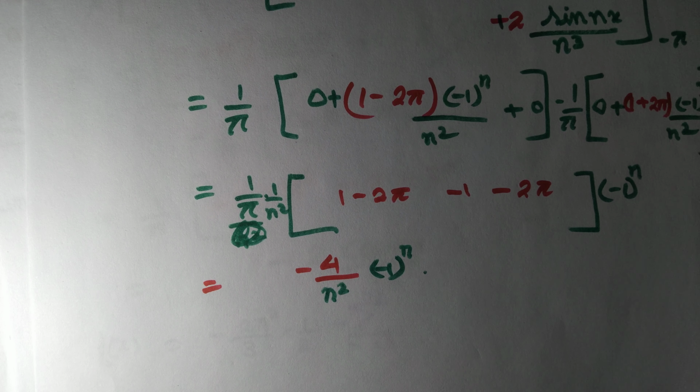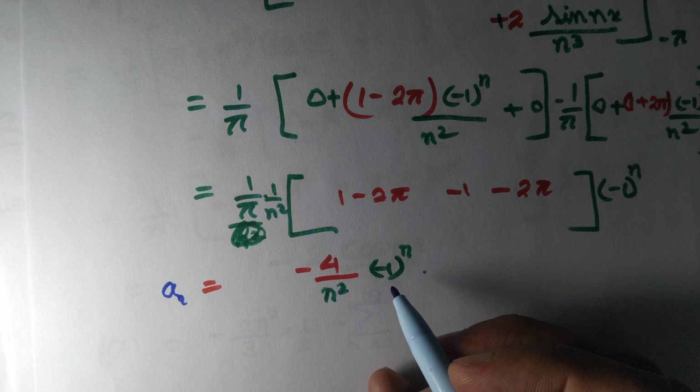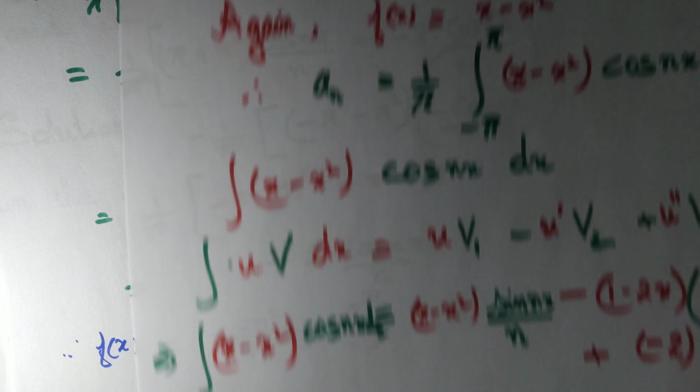Let's recall an is minus 4 by n square into minus 1 to the power n.